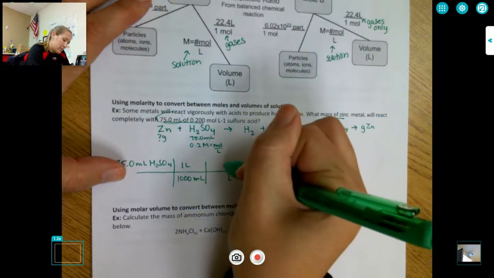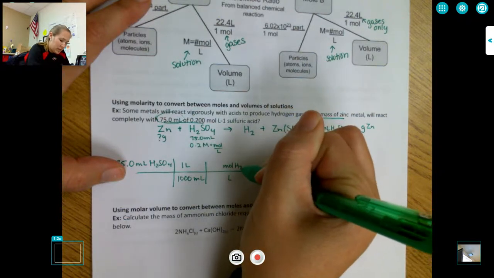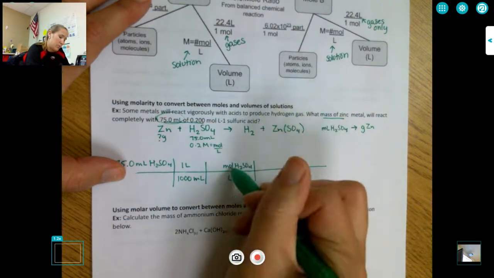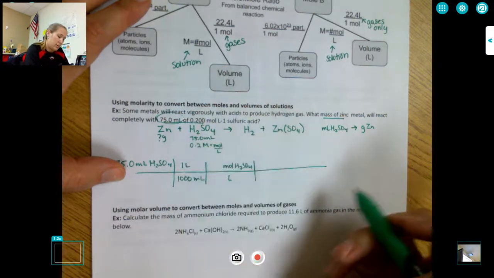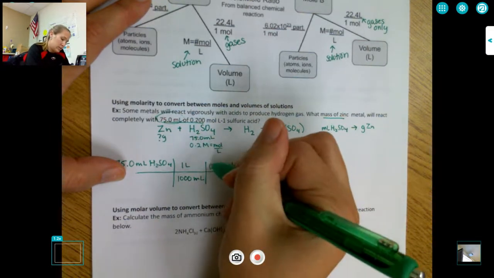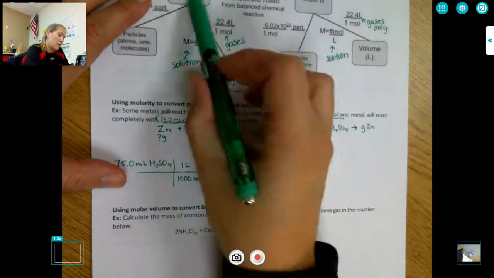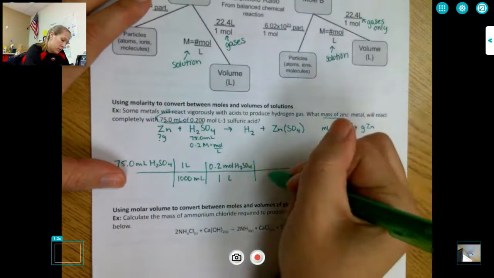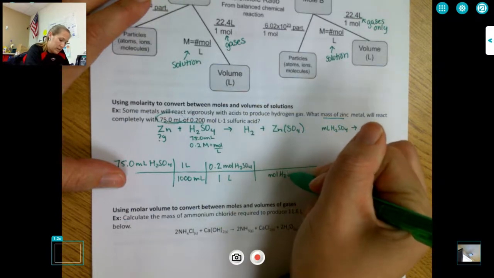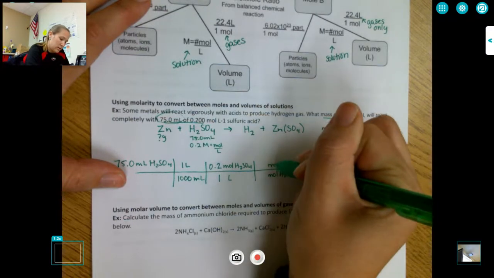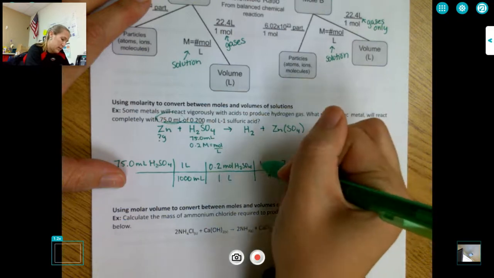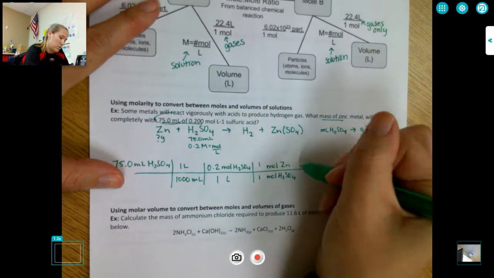Then liters drops down, and I'm going to go to moles H2SO4. This is where moles per liter, my molarity, comes in: 0.2 moles for every 1 liter. Then I go moles to moles. Moles H2SO4 to moles of zinc, and that is a 1-to-1 mole ratio.